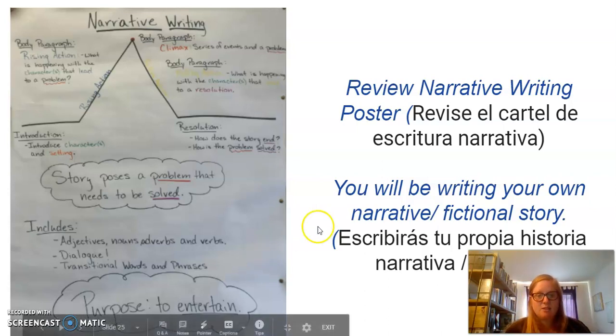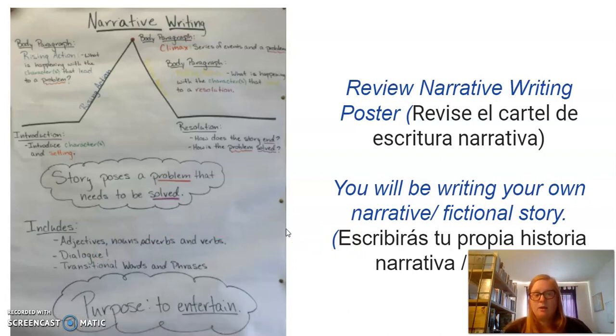So items that you need to include in your narrative writing include adjectives, which are things that describe nouns, right? Like a red dress, a pretty red dress, a long pretty red dress would all be different adjectives that describe the nouns. Adverbs and verbs.